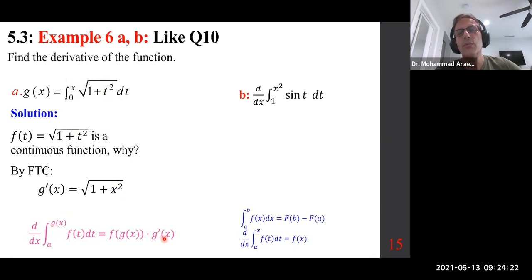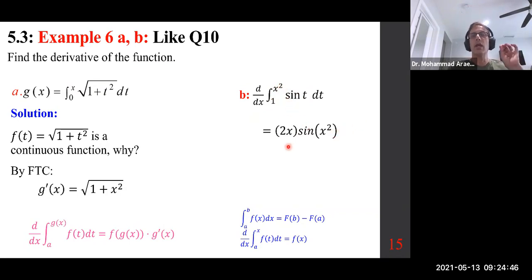So therefore, we're going to replace the t with x squared, and then times the derivative of x squared, which is 2x, and we put that in front. So I want to make sure everybody understands what happens one more time. The upper limit will take over for t. The upper limit is x, we are done. If it's not, by the chain rule, times the derivative of that, which is times 2x, and we put it in front.